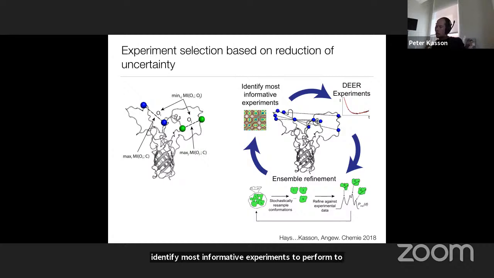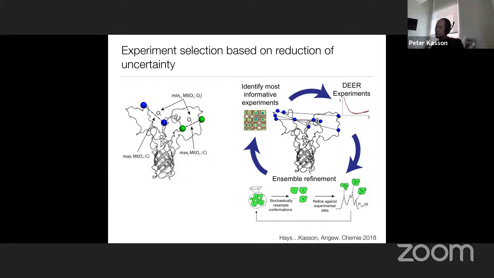And so for this, we took a relatively well-identified quantity in the information theory community, which is a maximum relevance minimal redundancy quantity between different potential labeling sites on a protein.